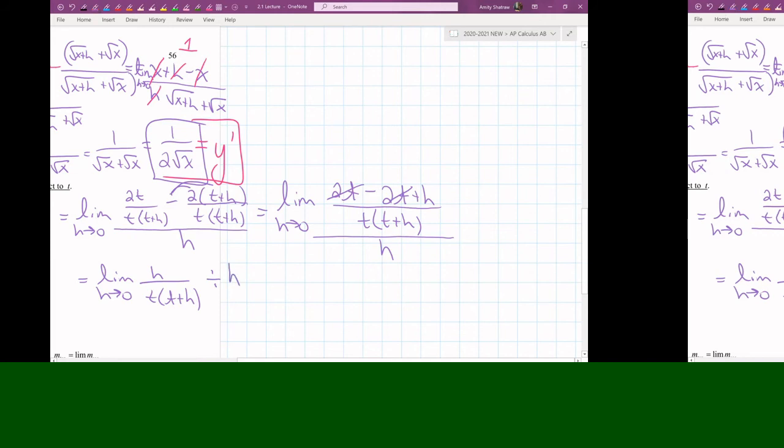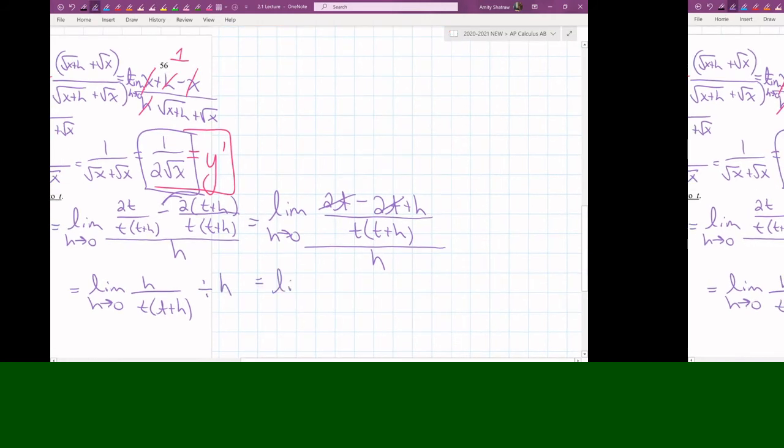Aha, you remember this rule, remember? So the limit as h approaches 0, you have to flip this and turn it into a multiplication problem. So I have h over t times t plus h. I should have circled this in pink, right? In pink, this is now a multiplication problem, and the h is turned into 1 over h. And ta-da, look, the h's cancel out. That was my goal.